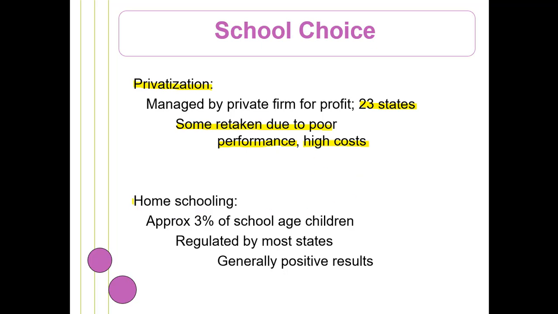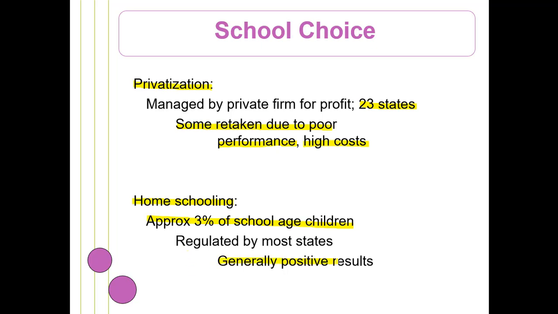Homeschooling is another option, a relatively small percent, about 3% of school-age children are homeschooled. Most states do try to regulate that so that we have some sort of consistency in that parents are required to teach their kids at home. And monitoring, of course, is very difficult on this.